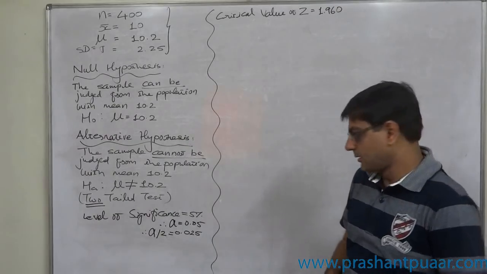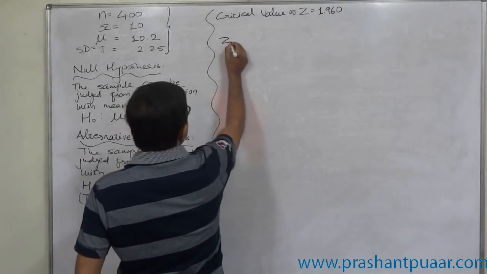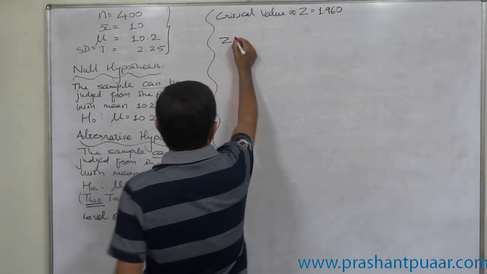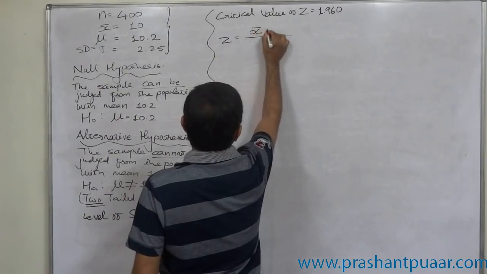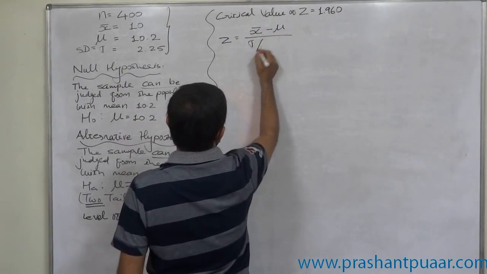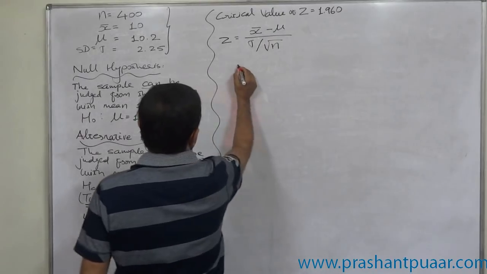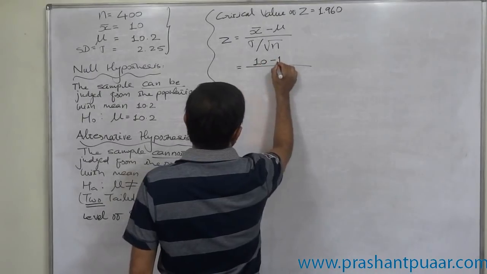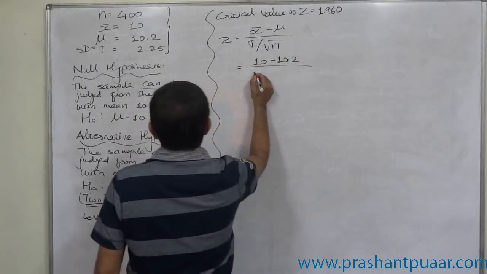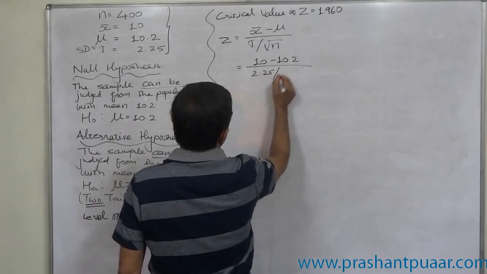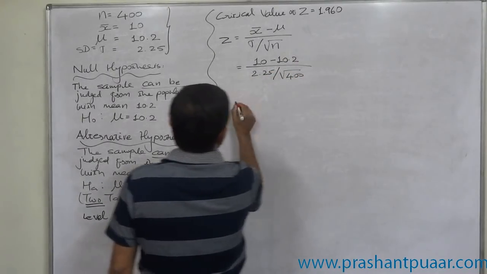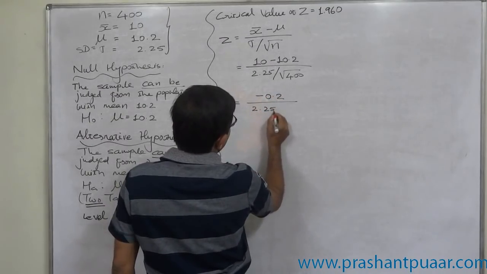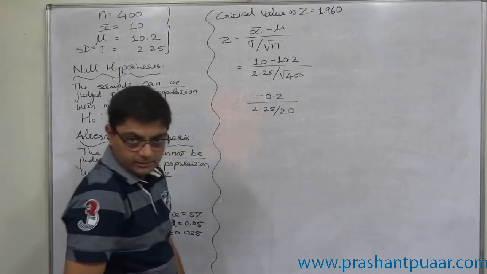Is it clear? Okay. Now the formula, or rather test statistic, we are going to find the calculated value of Z. The formula is x bar minus mu upon population standard deviation divided by root n. Substitution: 10 minus 10.2 upon 2.25 divided by under root 400. So minus 0.2 upon 2.25 divided by 20.